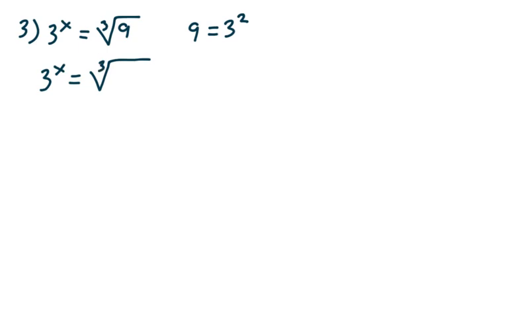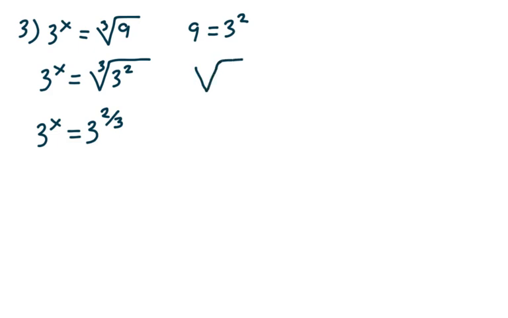Let's take a look at 3. So 3 to the x is equal to the cube root of 9. Same goal. You want to rewrite both sides so that they have the same base. Now remember, 9 is equal to 3 squared, right? So we can write this as 3 to the x is the cube root of 3 squared, which says 3 to the x equals 3 to the 2/3, right?